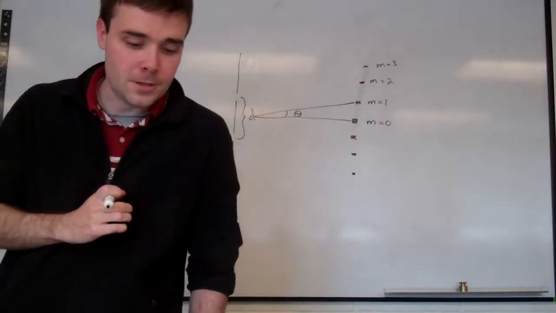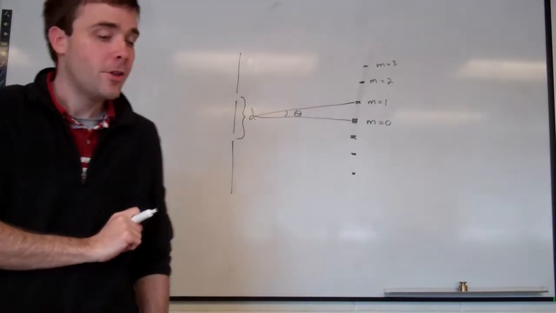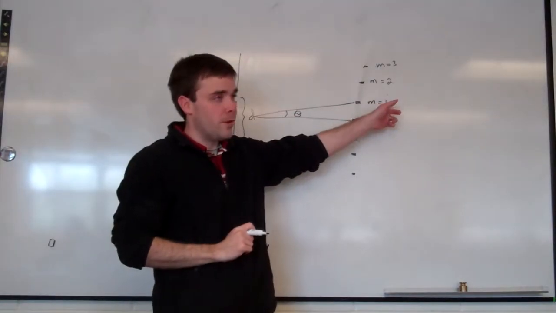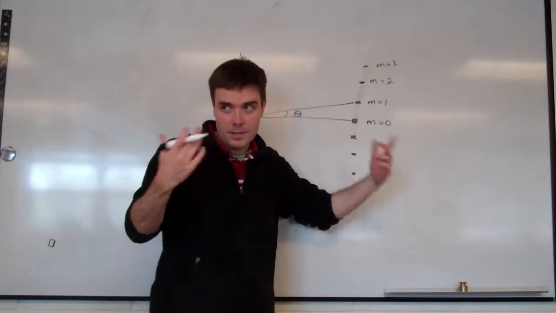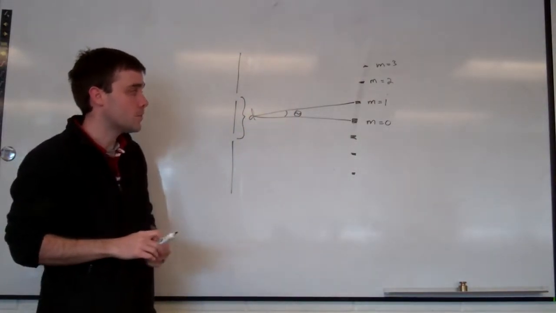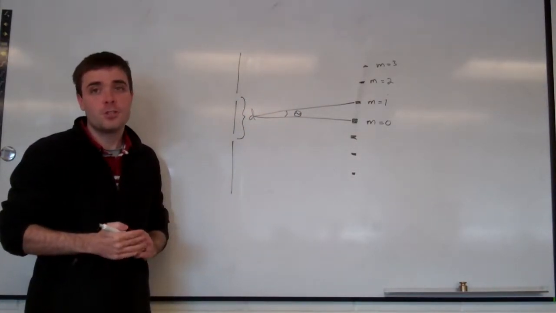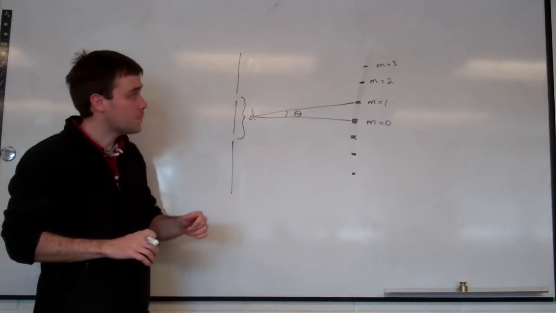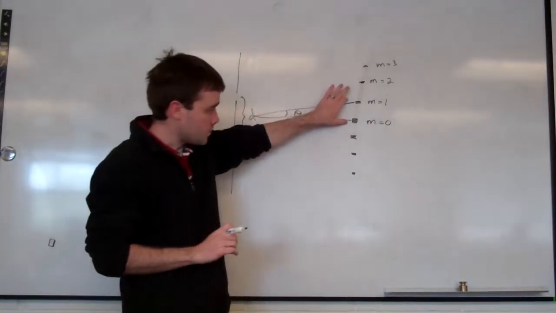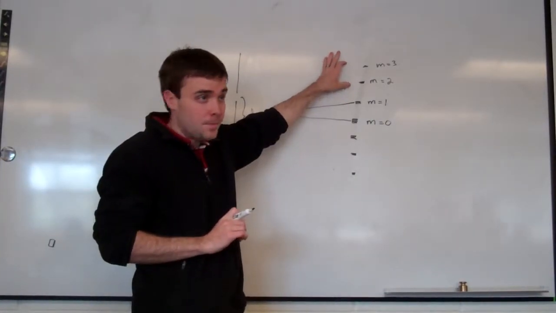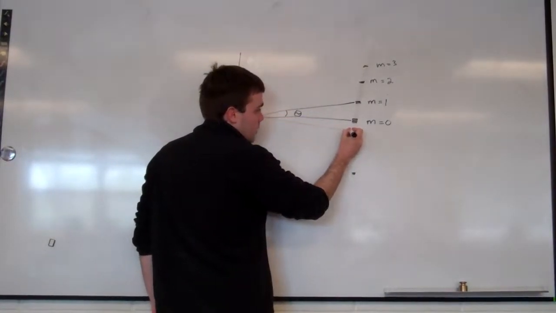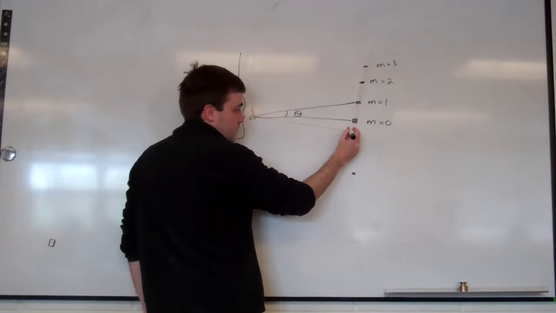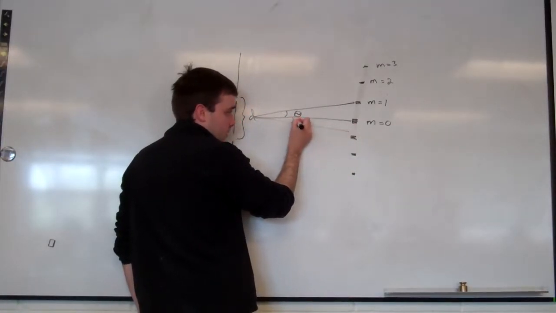If you look at the first one, this would be the first order bright fringe, this would be the second order bright fringe, this would be the third order. That's just how it's said. There's 1, 2, and 3. So that's for the first equation, which is for the bright spots. The other possibility is we can measure from here to the dark spots and that angle.